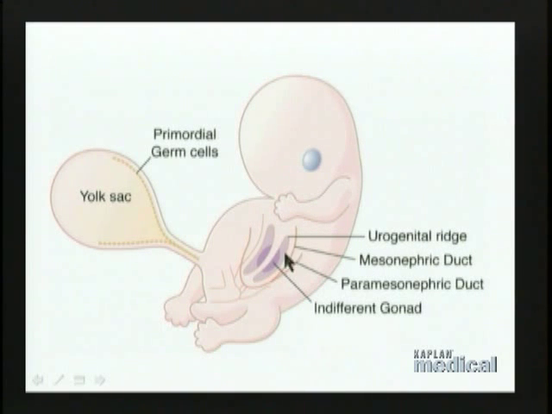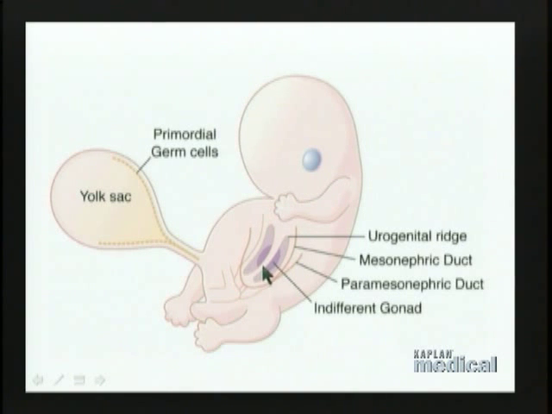And we said part of that urogenital ridge is what's going to become the gonad, and we talked about that at that time. And the remainder of this much larger portion of the urogenital ridge is going to have something to do with the development of the urinary system, development of kidney.